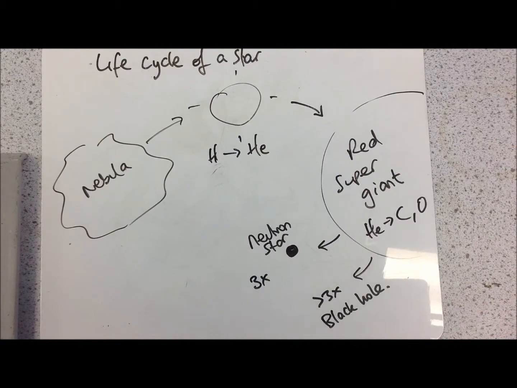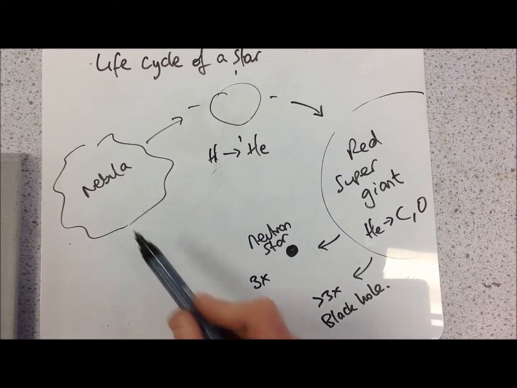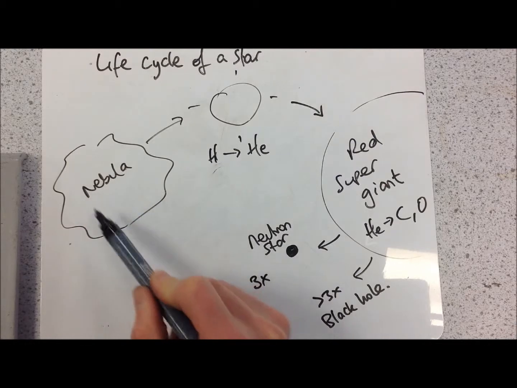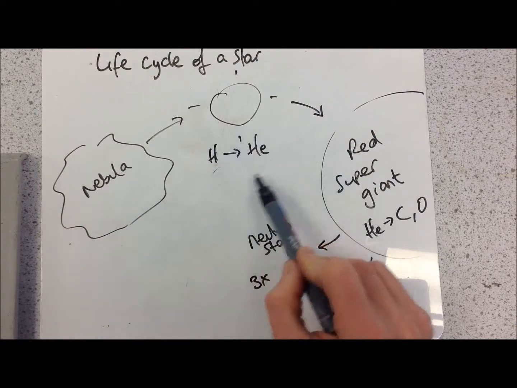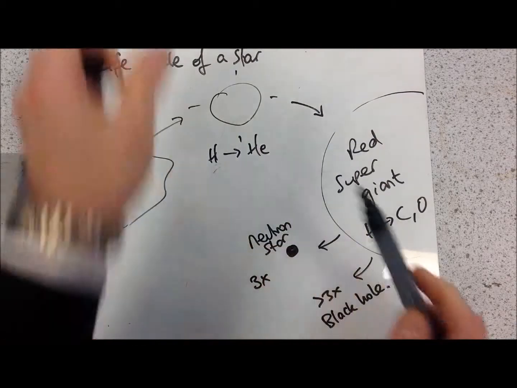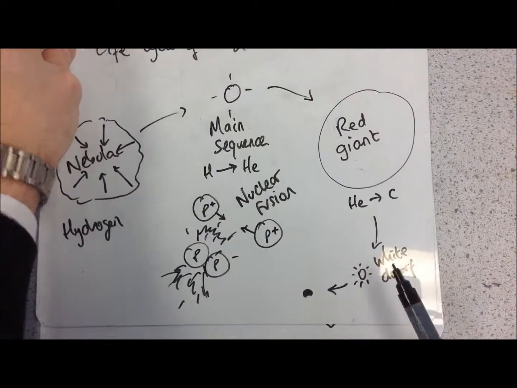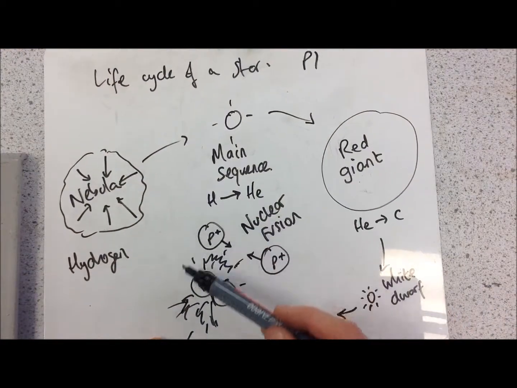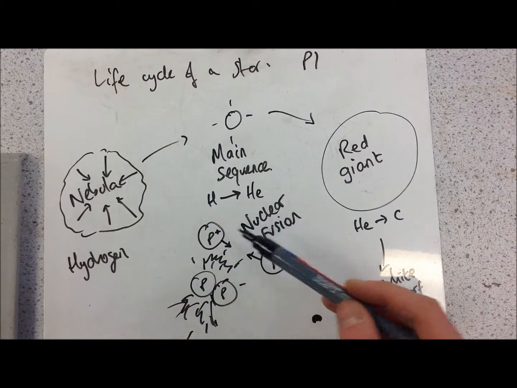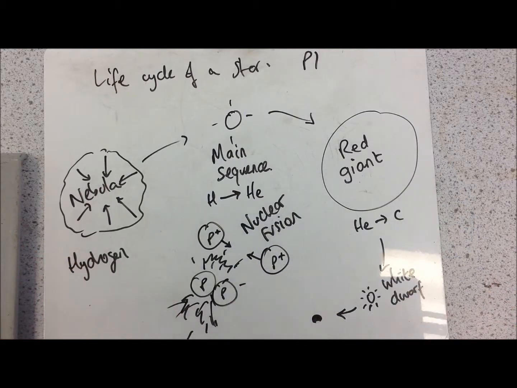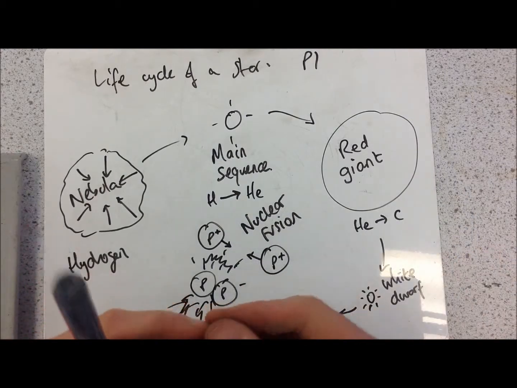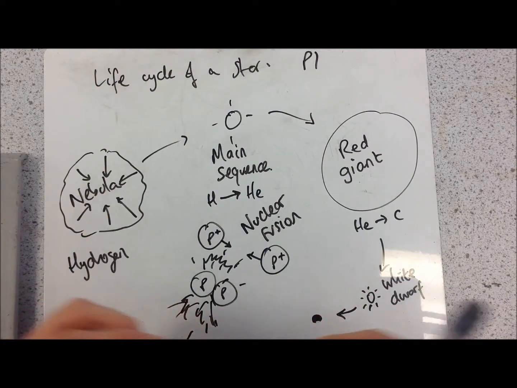Now, the things I've seen asked in past paper questions could be something basic recall, it could be to explain what a nebula is, it could be to explain nuclear fusion, it could be to explain why nuclear fusion only happens at certain temperatures, and that's because the nuclei are going fast enough that the protons can overcome repulsion to fuse.